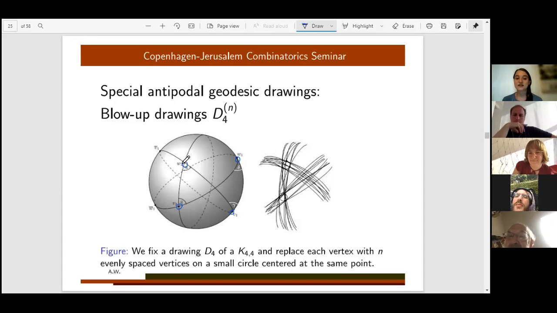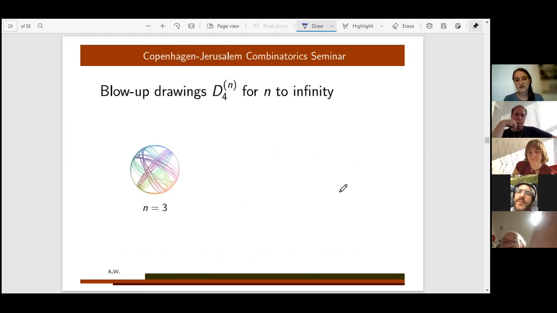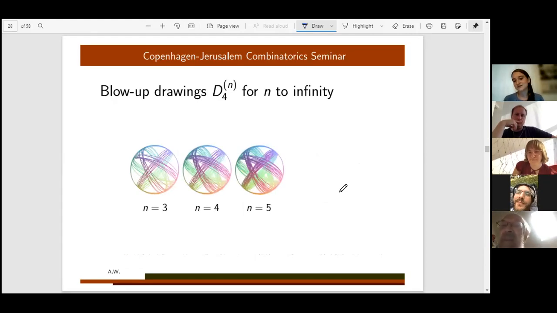And why we do that is because we can still describe where our vertices are placed. So then we can still calculate where our crossings are. So this really helps us when we try and count something. What we did, we looked at what the sum of triangles converges to when we let n go to infinity.